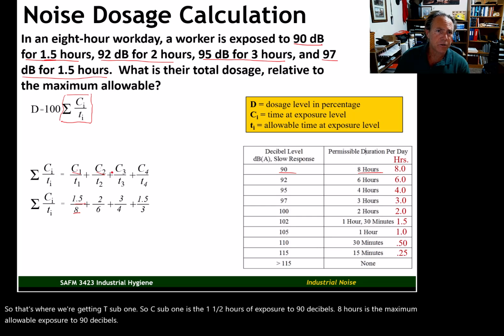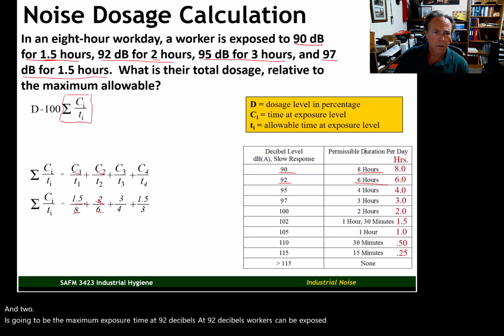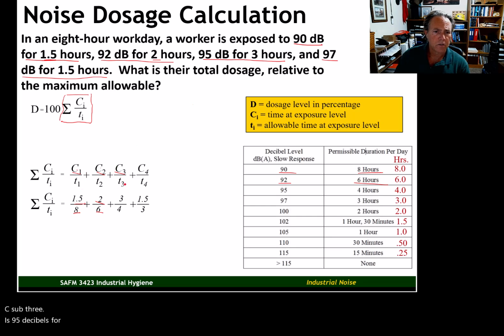Then C2 is going to be 2 hours. And T2 is going to be the maximum exposure time at 92 decibels. At 92 decibels, workers can be exposed for 6 hours. So that becomes T sub 2. C sub 3 is 95 decibels for 3 hours. So C sub 3 is 3.